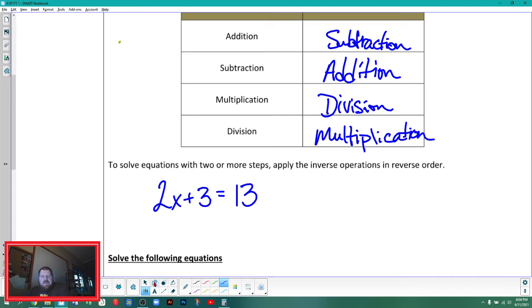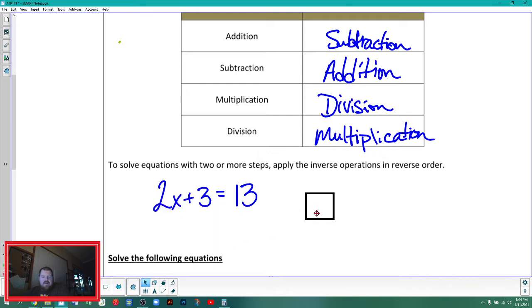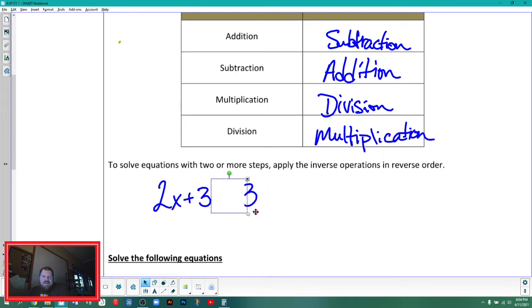The first thing I do is that I really look at one side of the equation. So let me get a little blocker up here so I can block out something really quick. Sorry about that. Okay. So I'm going to block out this side of the equation just for a second.